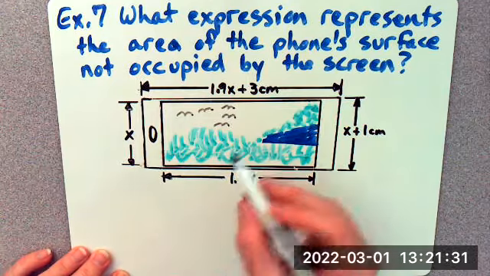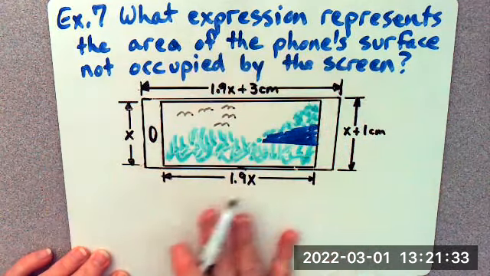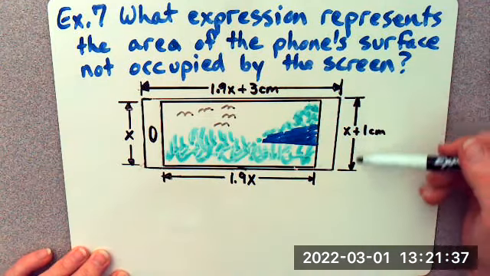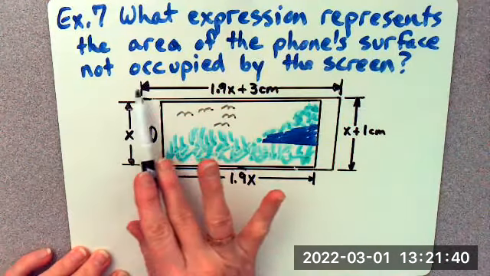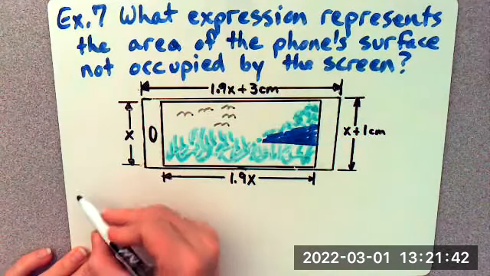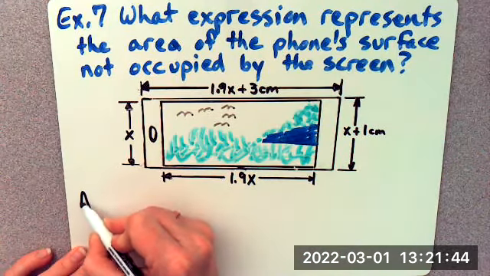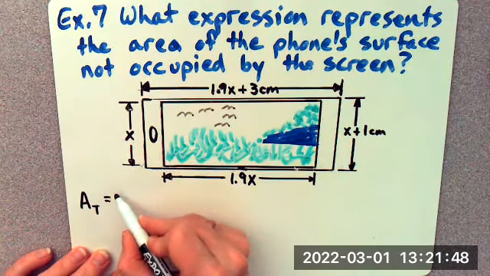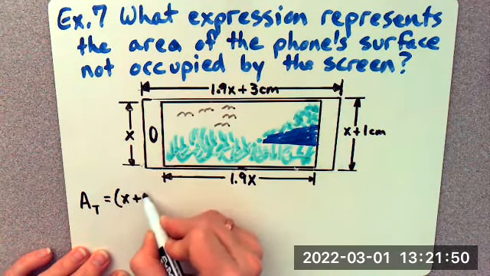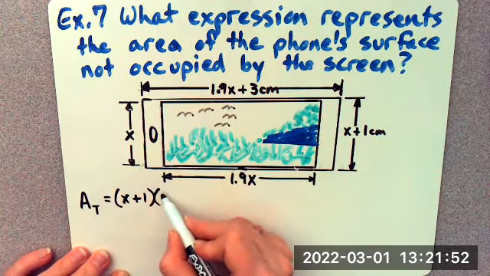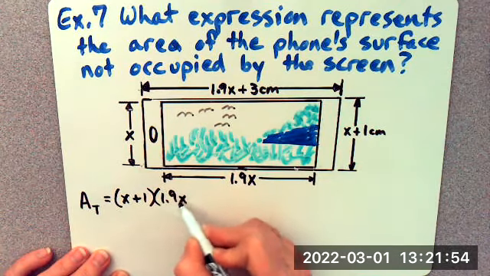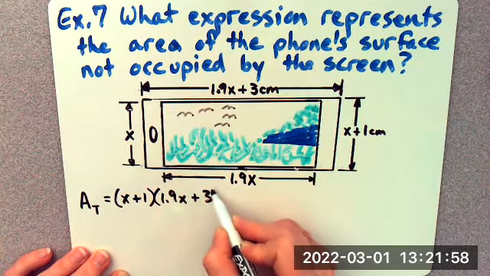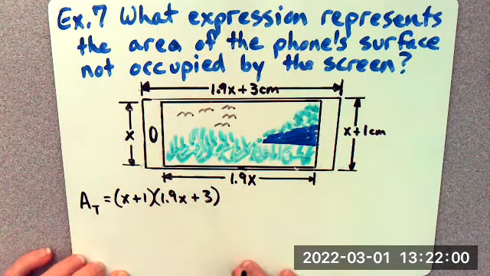If we have the total area of the box, it's going to be the outside dimension here times the outside dimension here. So total area is going to be this binomial x plus 1 times 1.9x plus 3, and we're going to remember it's centimeters.